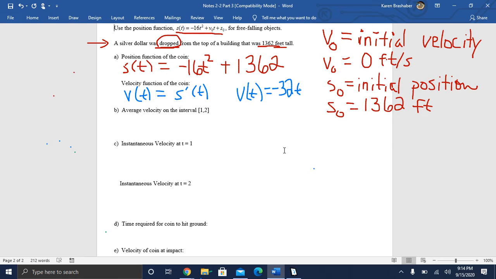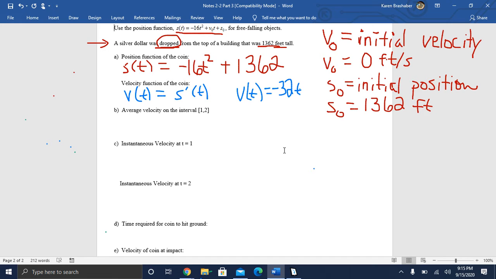So as we move along, we've finished part A. Part B is asking for the average velocity. So the average velocity on a time interval from 1 to 2. So I want you to understand that the 1 is a beginning time, the 2 is an ending time.